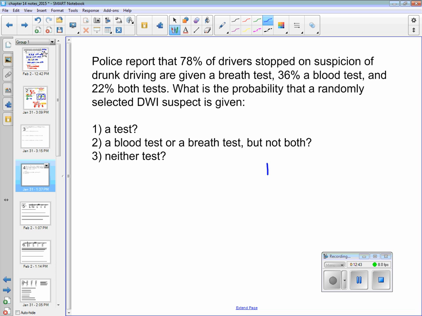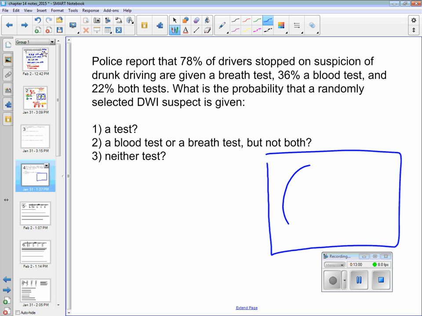If I'm going to draw the Venn diagram, the word both clues me in that I'm going to have the circles overlap. If I can ever get the rectangle drawn, there we go. All right, so I'm going to have two circles that overlap. One of those circles is going to represent a breathalyzer, whereas the other circle is going to represent a blood test.